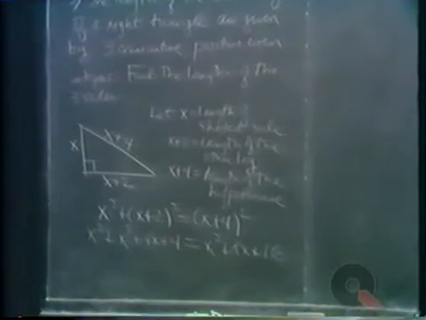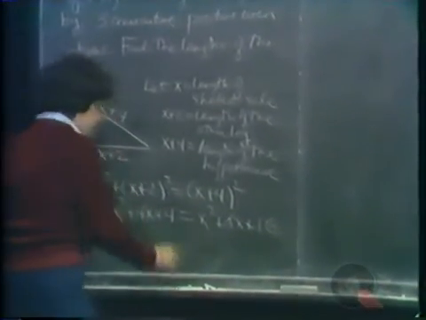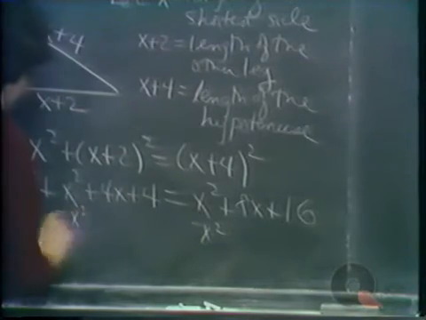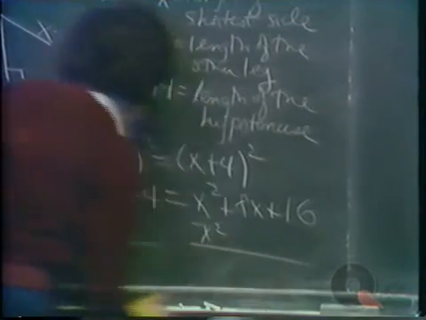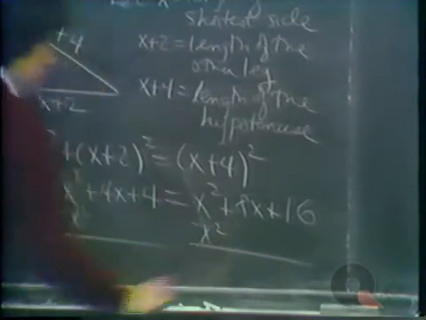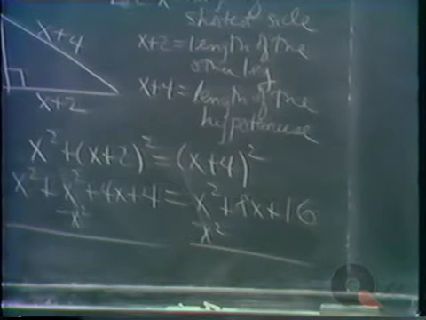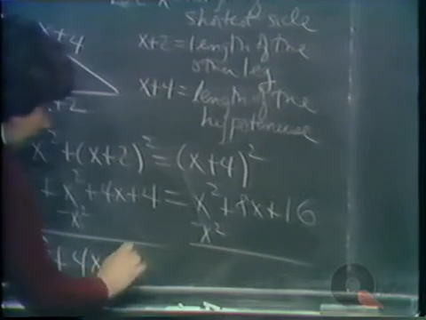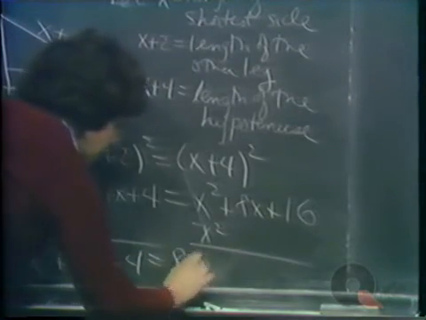We can subtract x squared from both sides of the equation. These will drop out. We'll be left on the left with x squared plus 4x plus 4, and on the right, 8x plus 16.